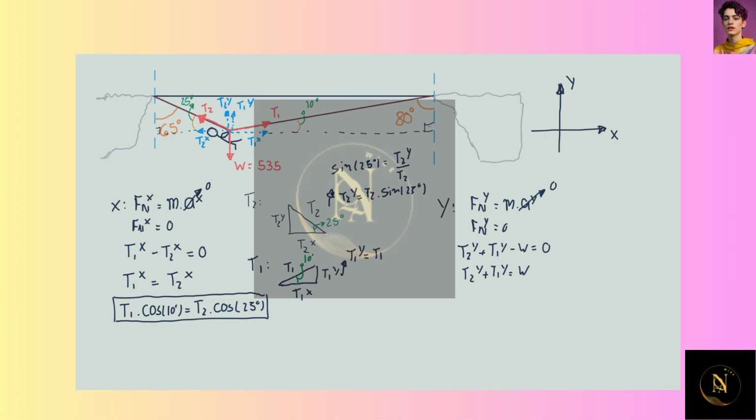T1y is equal to T1 times the sine of 10 degrees. Then we conclude that T2 times the sine of 25 degrees plus T1 times the sine of 10 degrees is equal to the weight force. Now we have two equations and two variables. Let us solve them. So let me organize the board before proceeding.